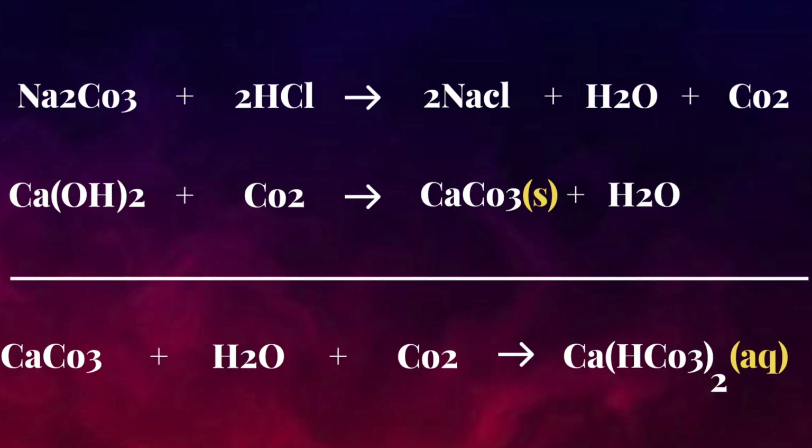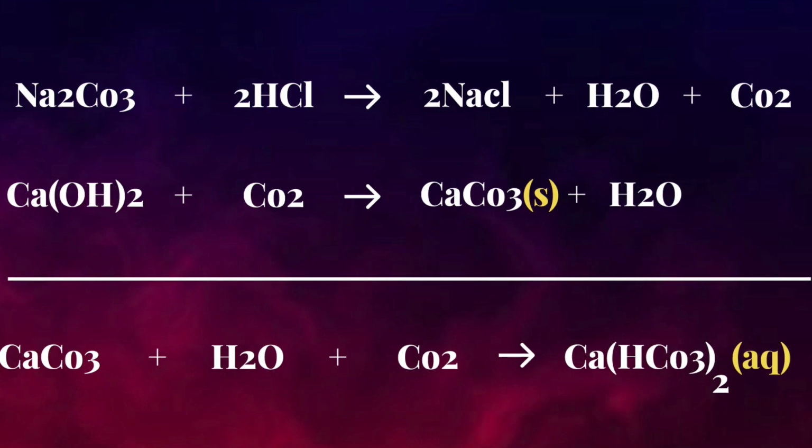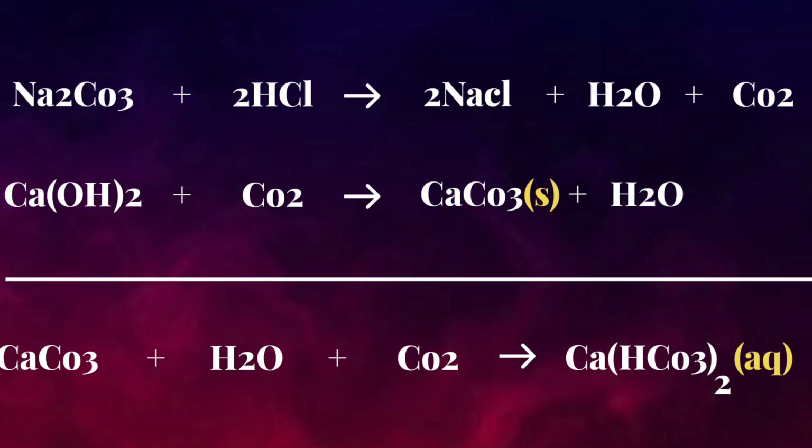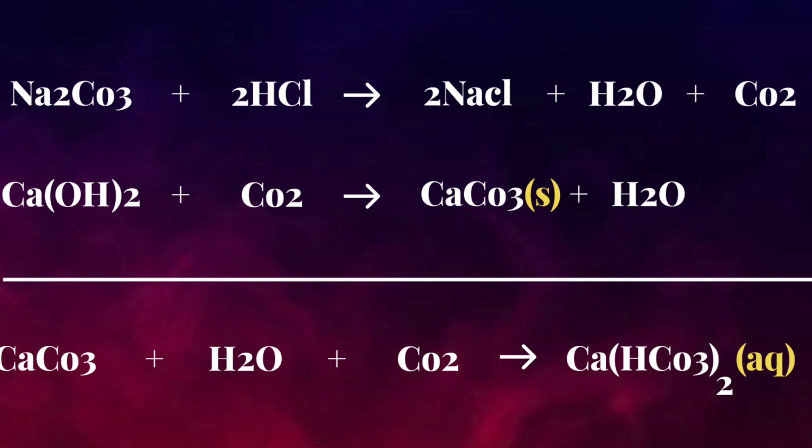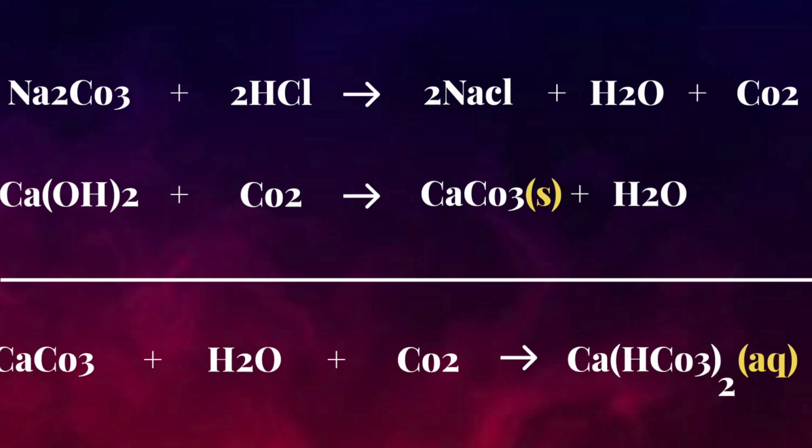Now, if excess of CO2 is passed through this same thing, this precipitate will disappear. That is, the precipitate disappears when the soluble calcium bicarbonate is formed.